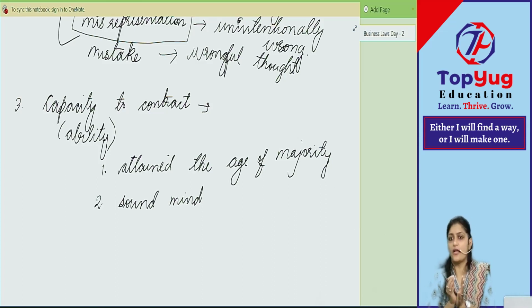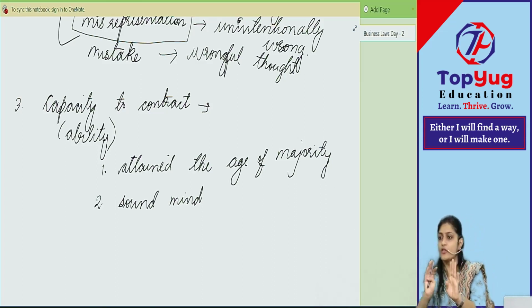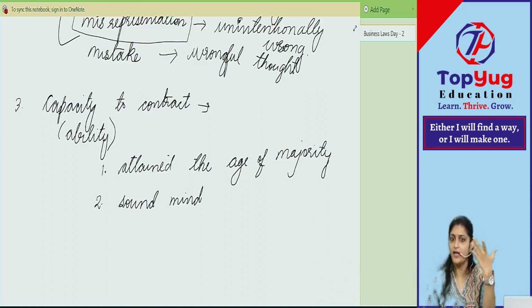What kind of judgments? This is beneficial for me, this is not beneficial for me, this term is beneficial for me, if I enter into this contract I will be at a loss. If you can make those kinds of judgments properly, then you are of sound mind. Otherwise you are not of sound mind.